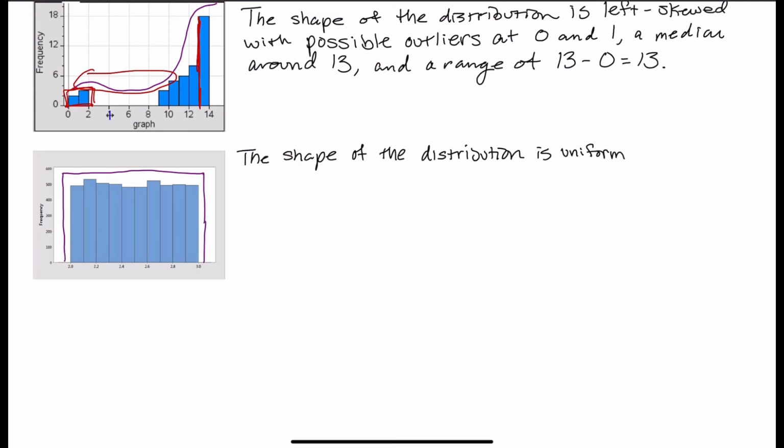That is our shape. Since there are no gaps, nothing that really falls out of place, we can definitely say that there are no outliers for this data.